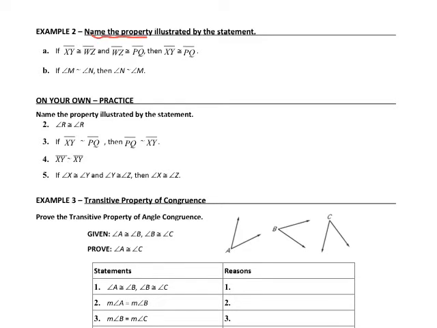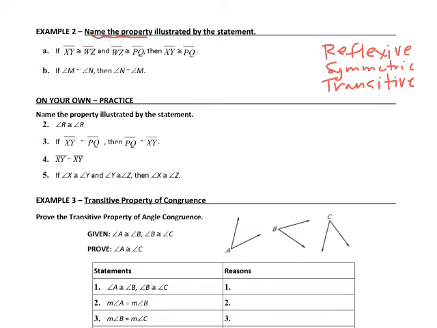Now the choices, and this is going to be true for the on your own practice as well, choose from reflexive, symmetric, and transitive. So these, remember, we learned in the previous lesson. So we just have to remember what each of these means.